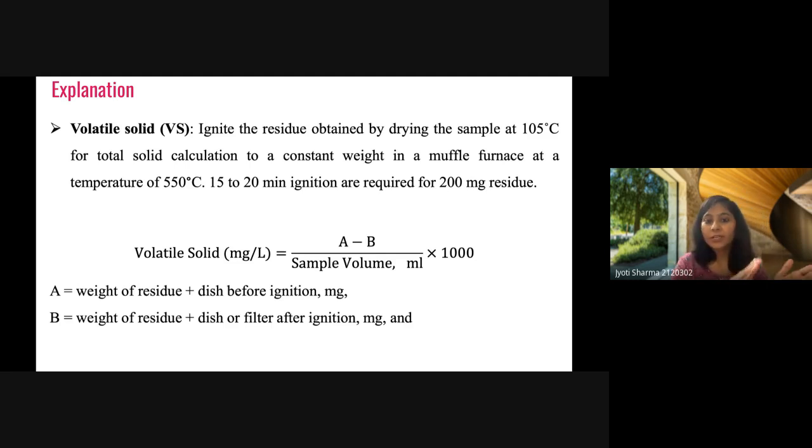So one is before burning and another is after burning. The difference between these two, divided by the sample volume, multiplied by 1000, will give you the volatile solid. But here you have to see, ignition happens at a temperature of 550 degrees Celsius, right?